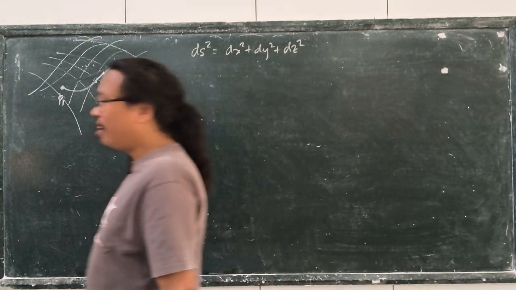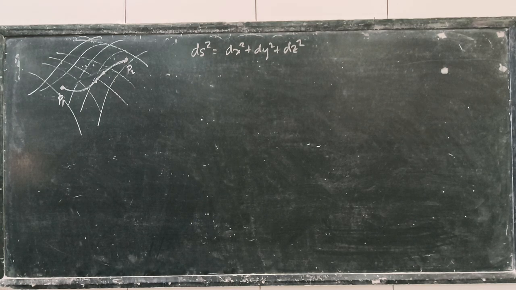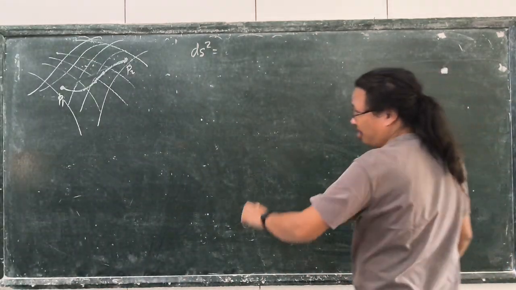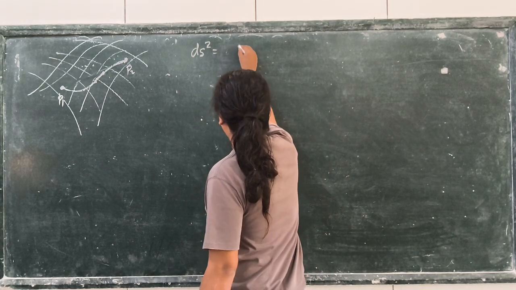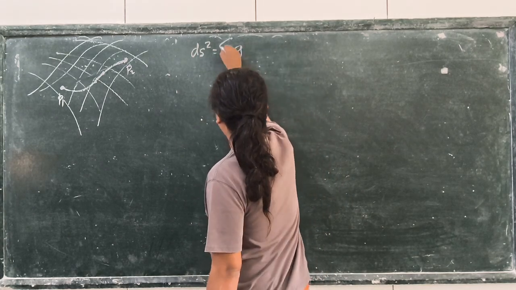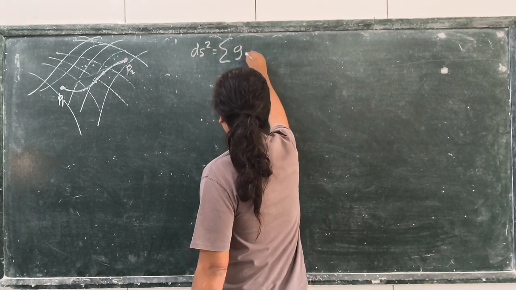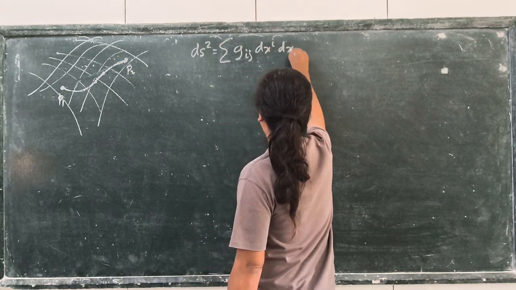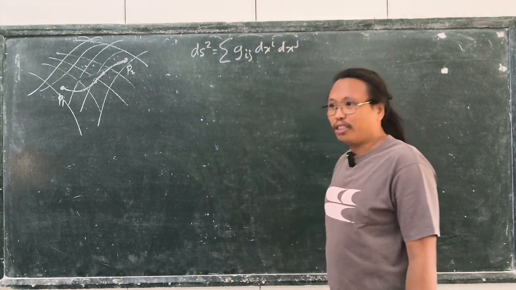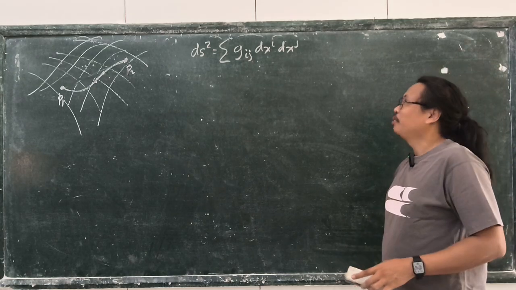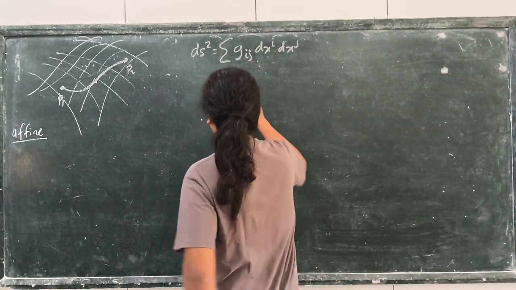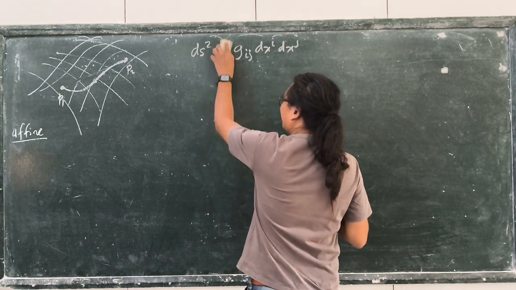But in general, in non-Cartesian coordinates, this is the sum of g_ij dx^i dx^j. Now, it's not an exponent. It's a superscript.